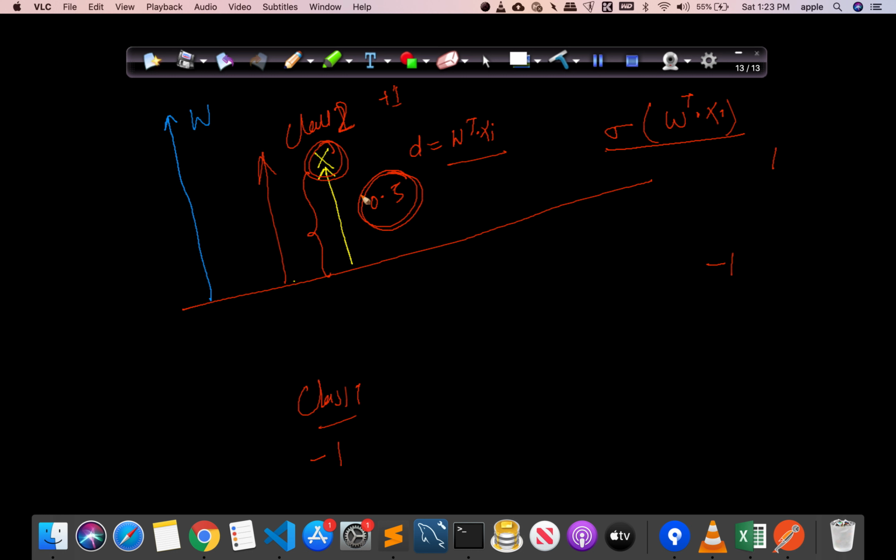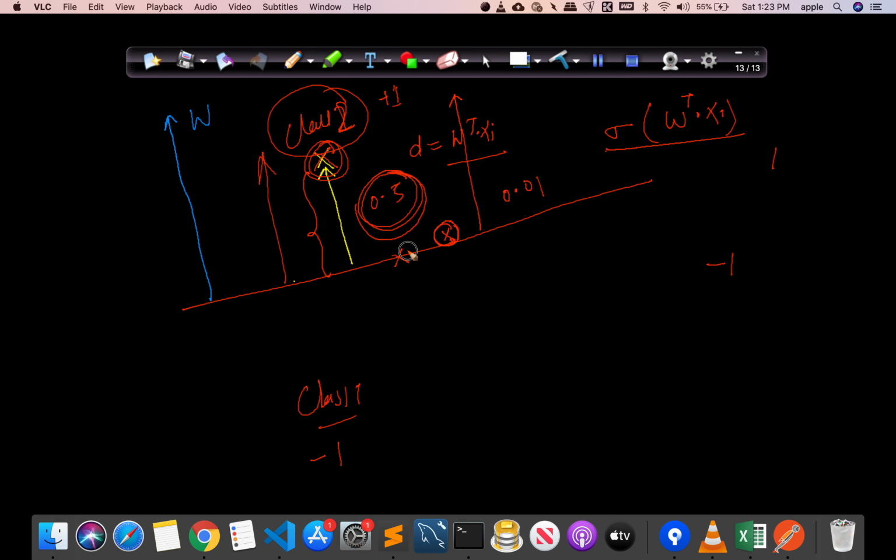Now this 0.5 will give us the probability that x is belonging to point 1, because this is far away from this line. The farther the point, the better the probability of this point belonging to class 2. If a point is very near to this, suppose a point is here, then the distance will be very low. Suppose this is 0.01, then the probability that this point belongs to this is very less, because this is very near to the line.